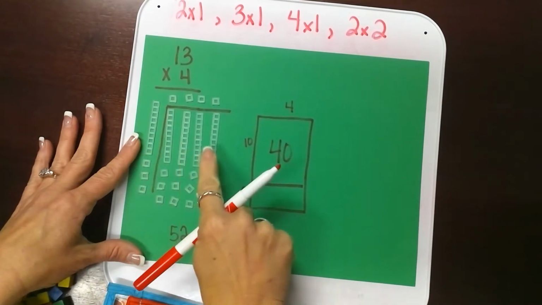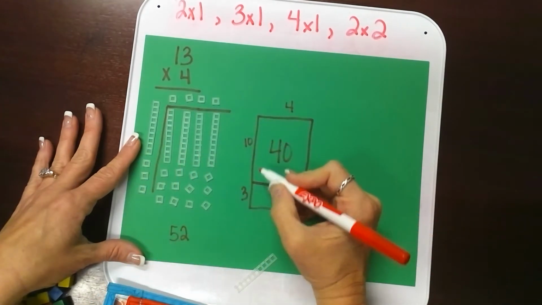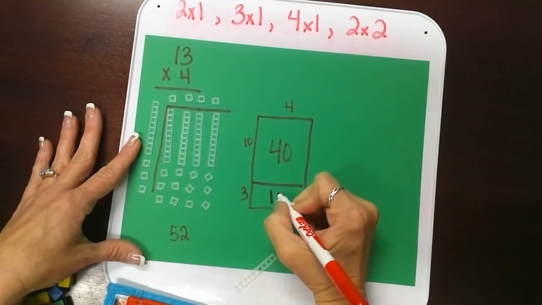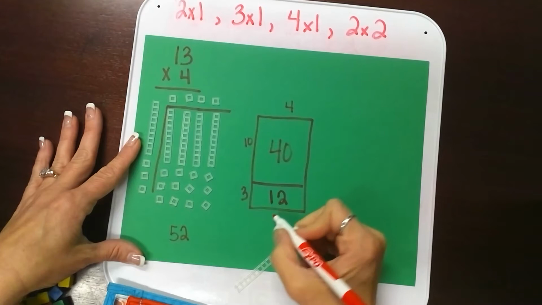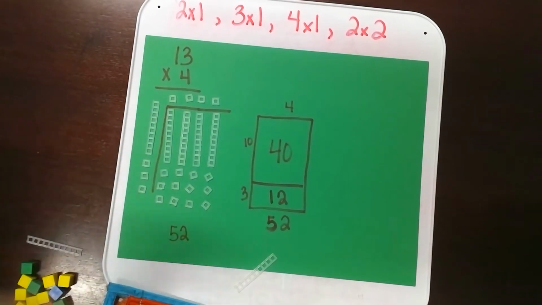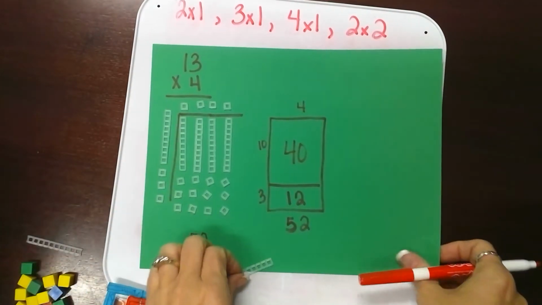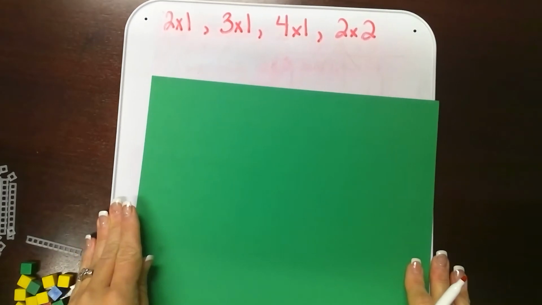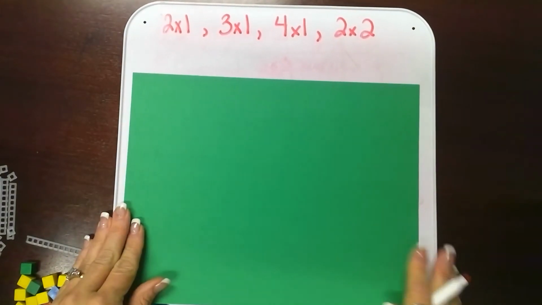Is that what I have here? Yes. And then I have 3 times 4, which is 12. And then from there, I can add those two together, and I get 52. Okay? So that is how I want to start off with students. Let's do a 2x2 example. Flip this over.